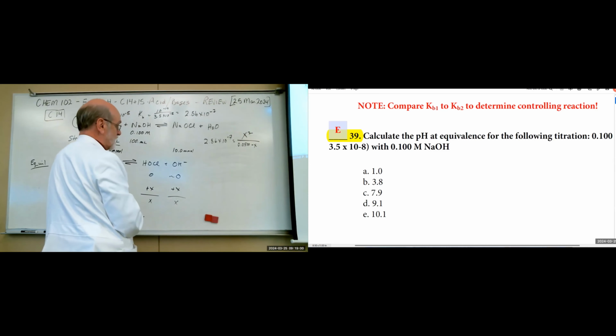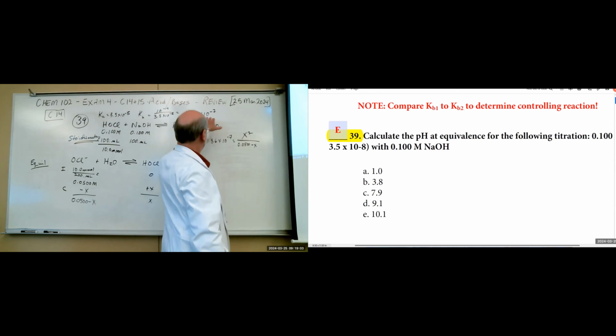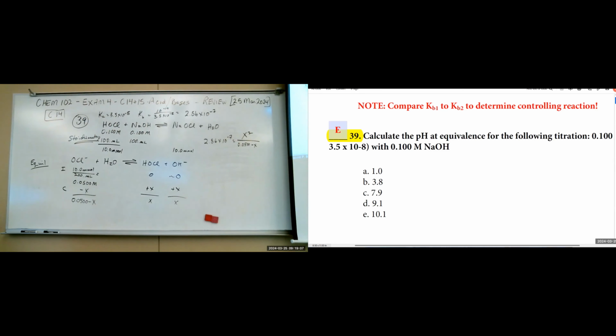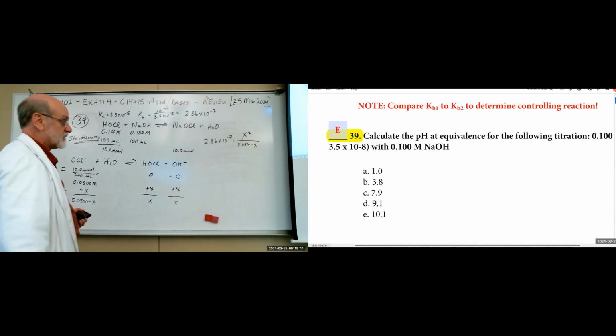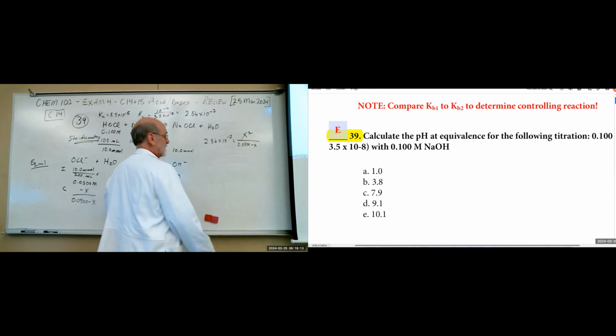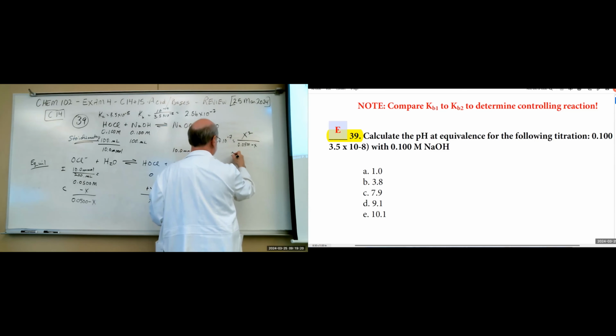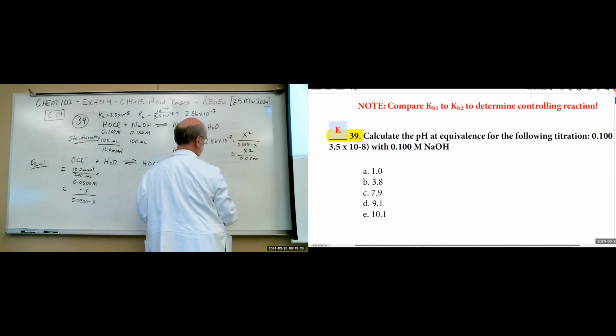Now we have to ask ourselves, is X going to be big enough? Or is it small enough that we can eliminate it? And 10 to the minus 7 tells me that X is going to be significantly smaller than 0.05. That means we should be able to say this, X squared over 0.050. Okay.